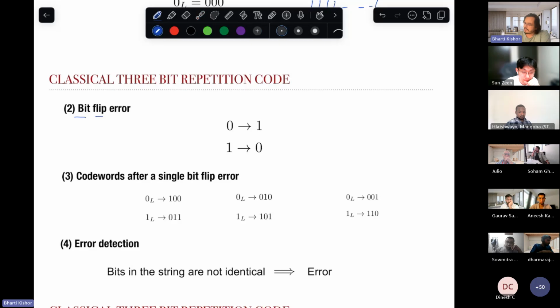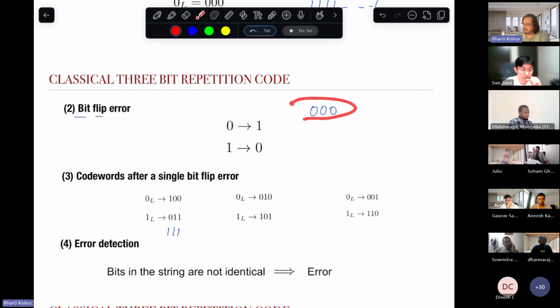So what we did is that we started with 000, and then let's say the first bit flipped. If the first bit flipped, you get 100 because the bit flip happened at the first place. Similarly, for 111, if the first bit flipped, then you get 011 because 1 was flipped to 0.